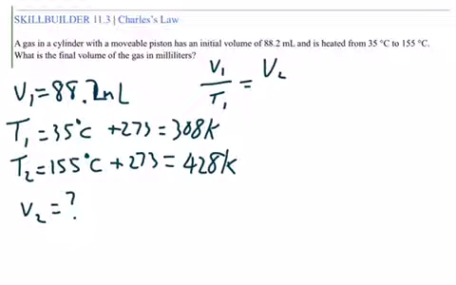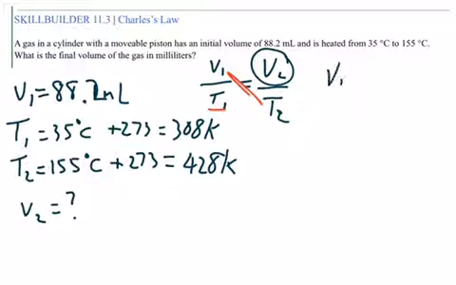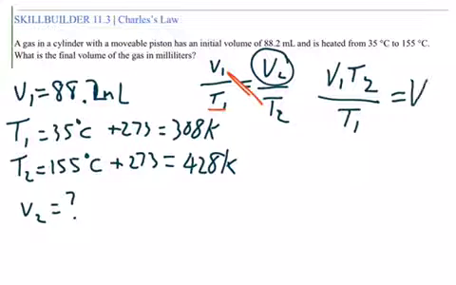And what we're going to do is they're asking us to find the final volume right over here. So one good way to do this is to cross multiply these two and then divide by T1, and I'll show you how to do the algebra here. If you cross multiply, that will be V1 times T2, and then you divide by T1. That's a good way to isolate the final volume.